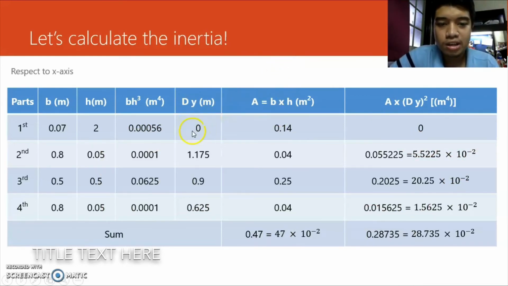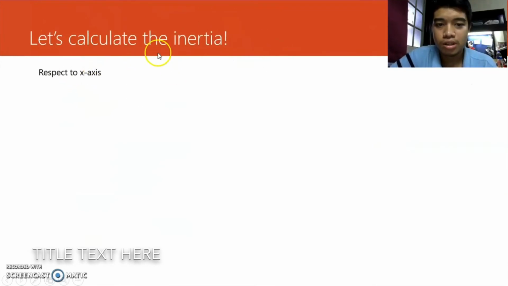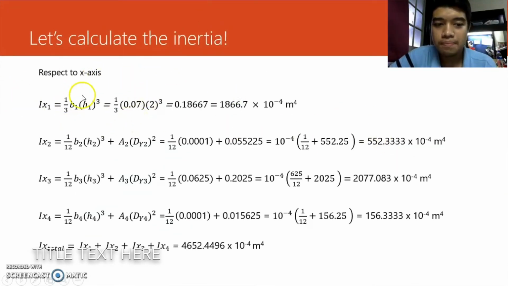This is why the dy is 0 while the others have a distance of y, because I am going to use the moment of inertia without the parallel axis theorem, because this part is already at the edge of the axis. So let's calculate the inertia. For the first part, I just use 1/3 bh3 because the part is already at the edge of the axis.